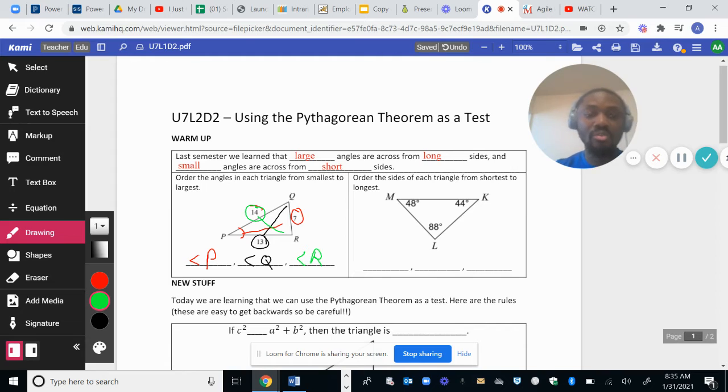Here we're ordering the angles when the sides are given. Here we're going to talk about sides when the angles are given. So the smallest angle is 44 and the side across is this ML.